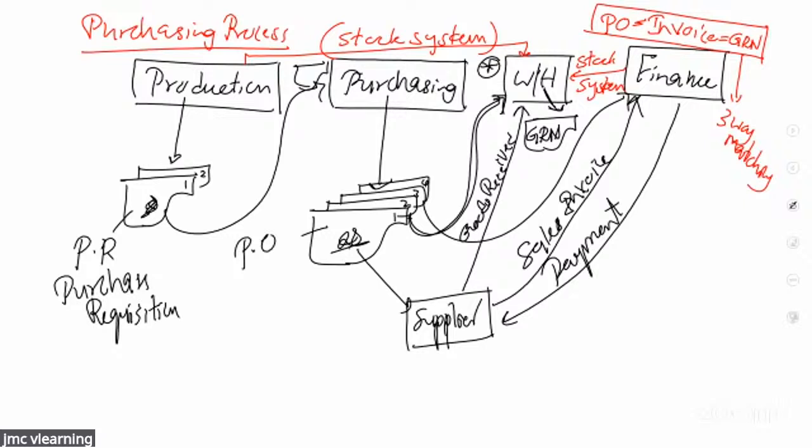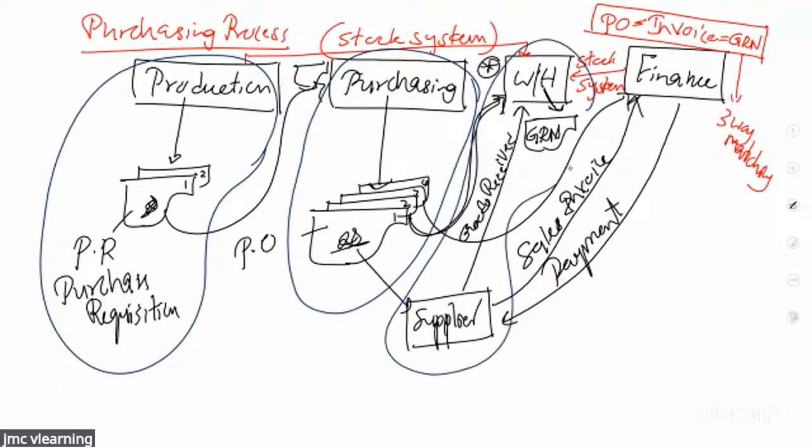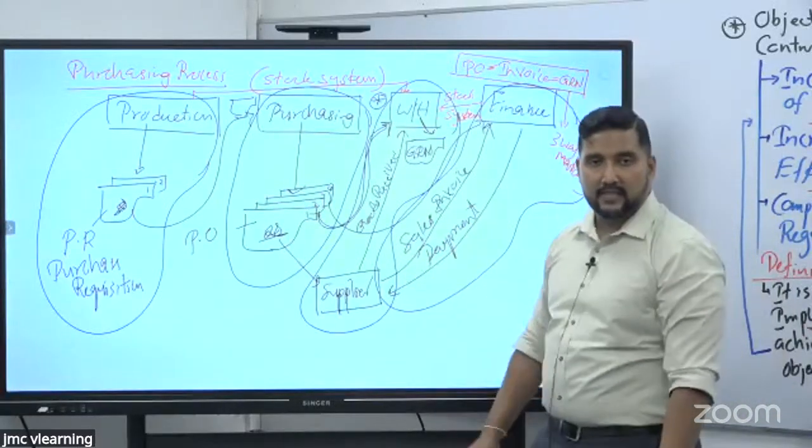Here, requesting is done by one department, then the ordering is done by one department, then accepting the goods is done by another department, and the payment is done by another department. This is a classic example of segregation of duties.